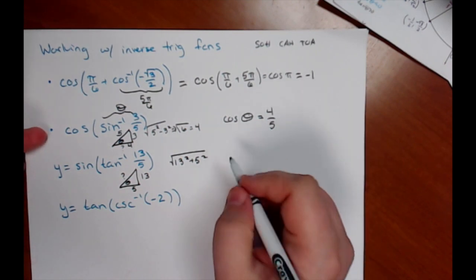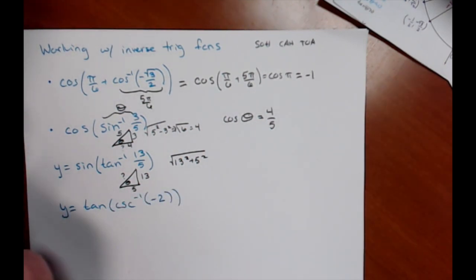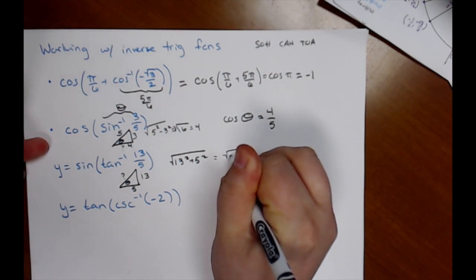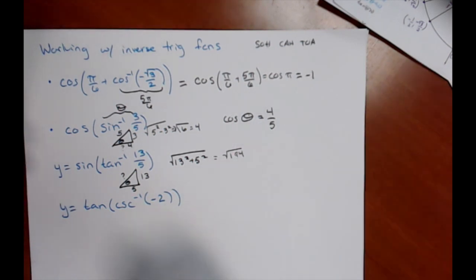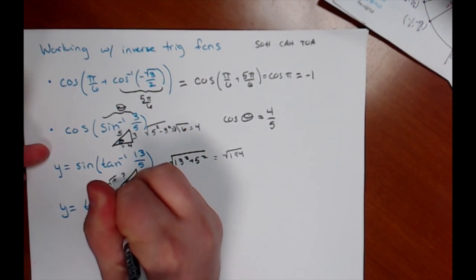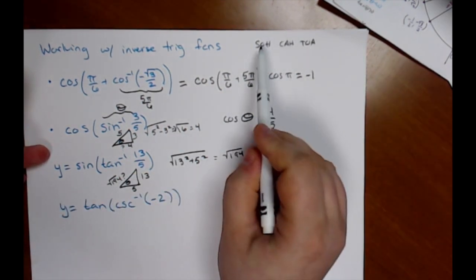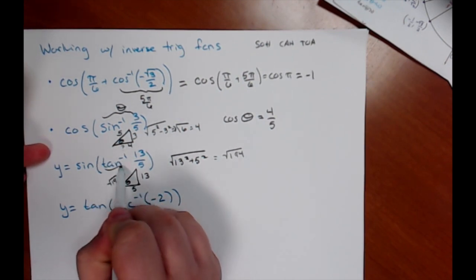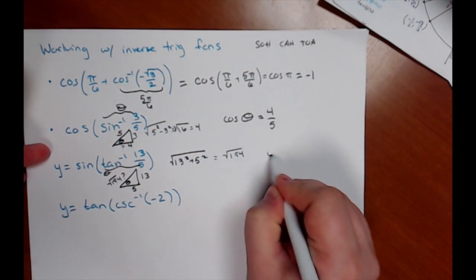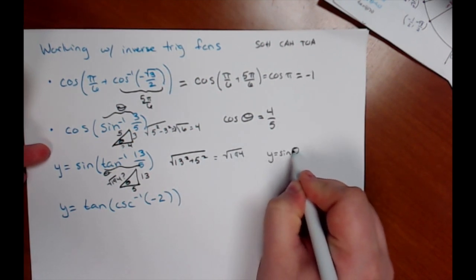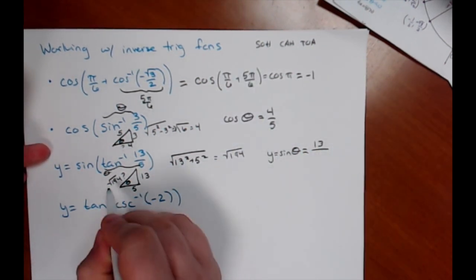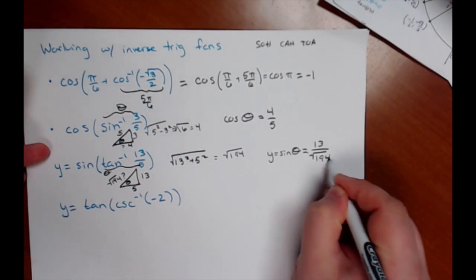And I have a feeling that doesn't reduce much. 194, take a 2 out, 97, 16, 7. Nope, we're just going to leave that. Square root of 194. So sine is opposite over hypotenuse, 13 over root 194. So again, if I call this theta, sine of theta equals opposite 13 over hypotenuse, root 194.